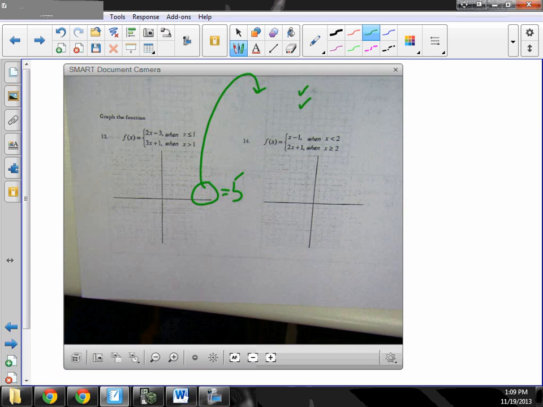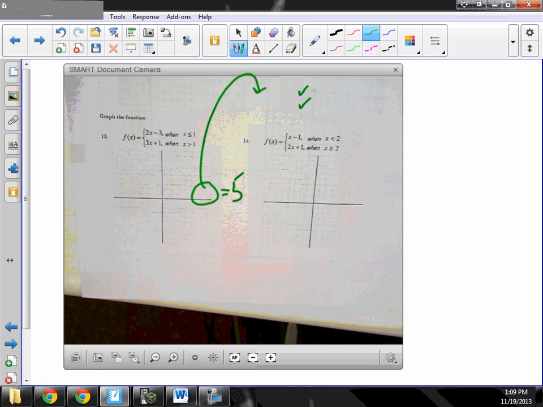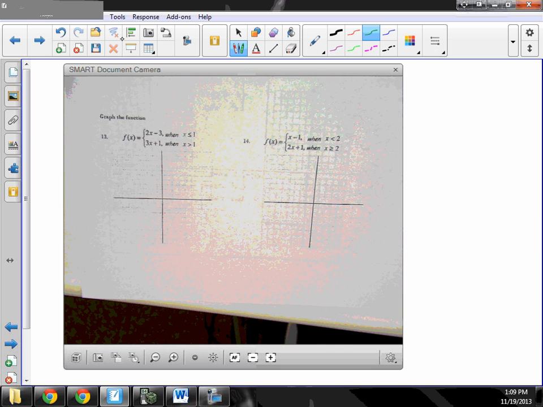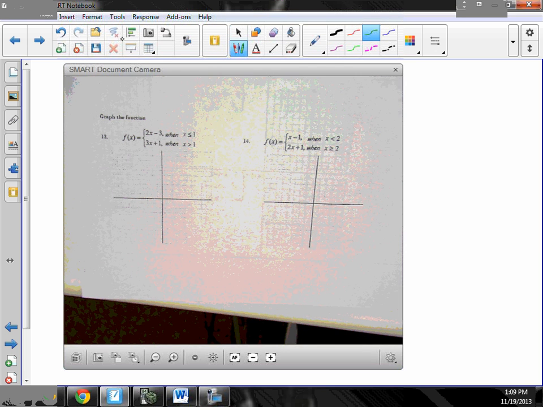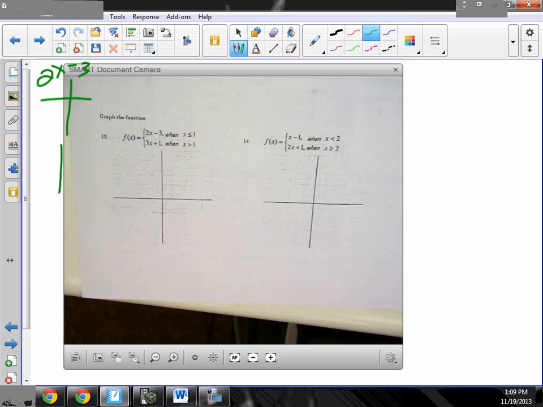Now we need to graph. So I know that in this function, we're going to switch at 1. We'll do the first function until we hit 1, and then we'll do the second function from 1 on. Okay? So what do these graphs look like? Well, I'm going to graph 2x minus 3 here, and I'm going to graph 3x plus 1 there.